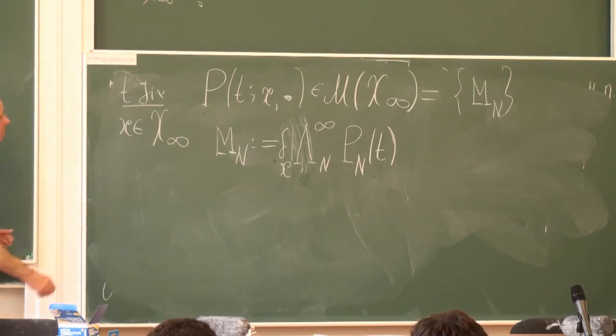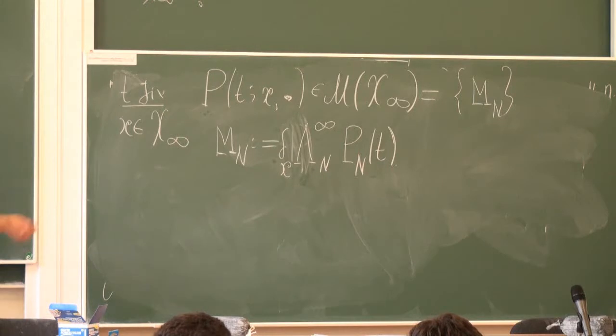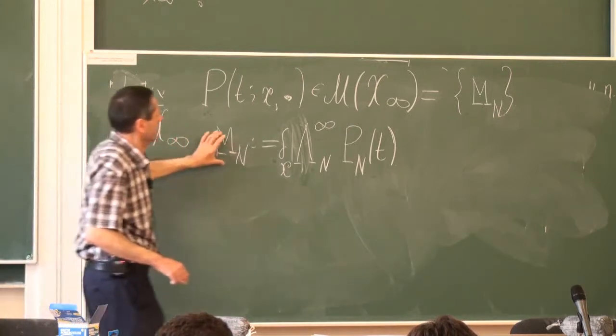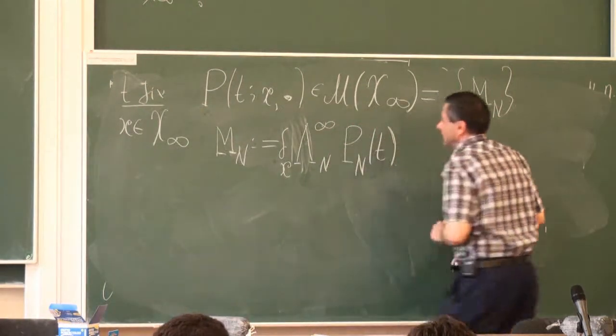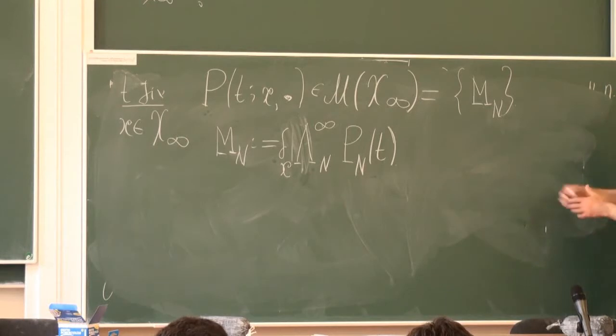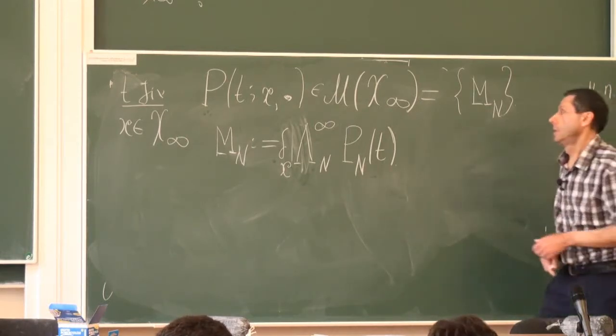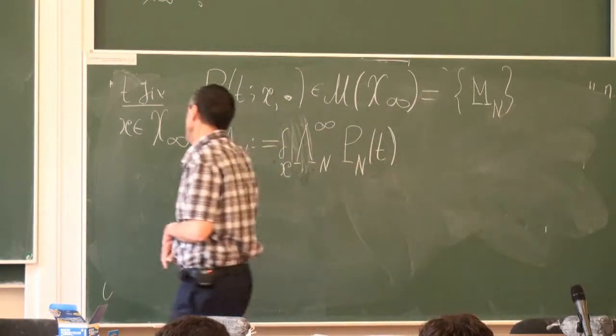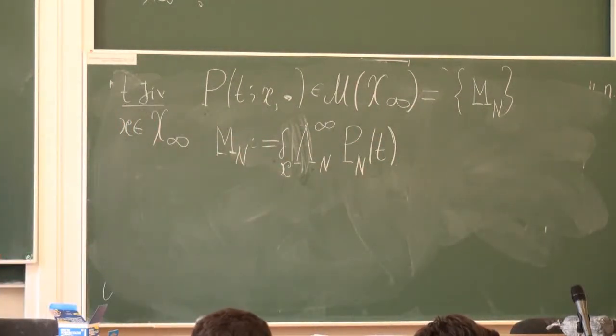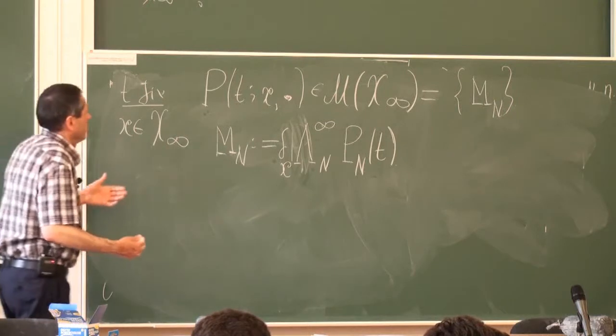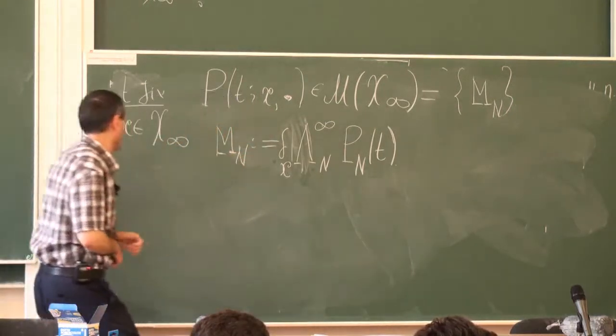And then it is verified trivially, using the intertwining relations, that the measures which are defined this way form a coherent family, so they satisfy the required relations. So the definition is correct.